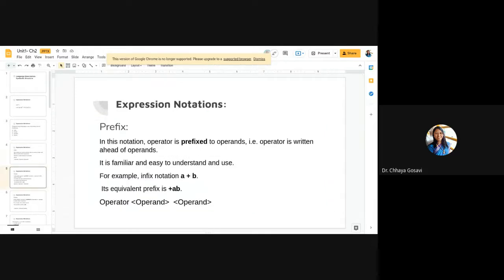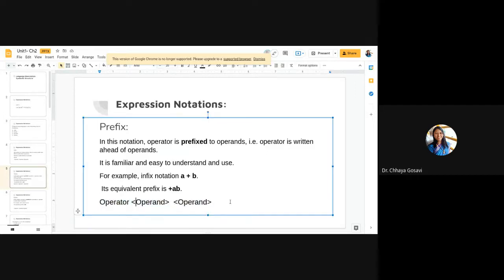Next expression is prefix. Prefix means it is operator, then operand, operand. First the operator and then operand, operand: plus A B. It will perform the same operation. The result is 50 if you write plus 20 30. Programming languages like Lisp support prefix expression notation. In this notation, the operator is prefixed to the operands, that is, the operator is written ahead of the operands.